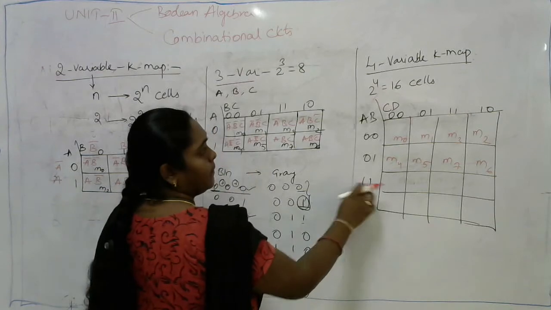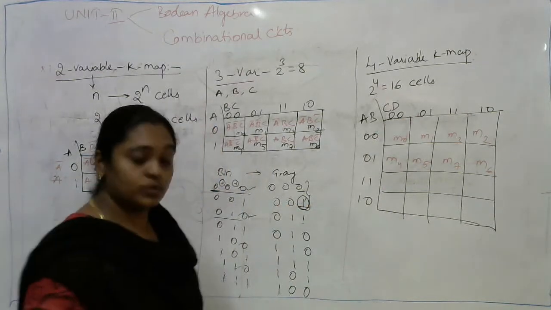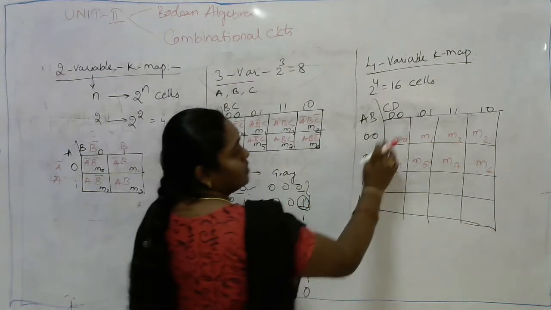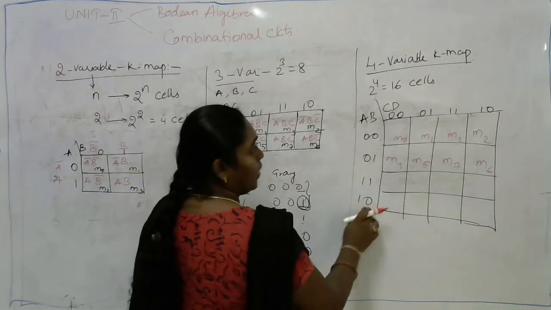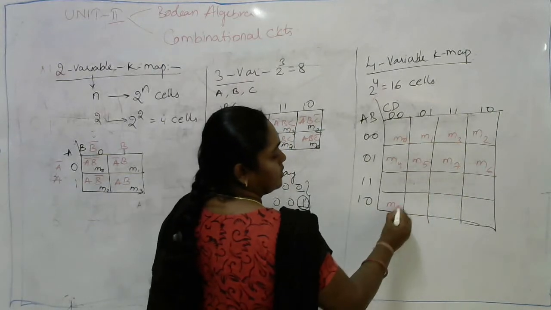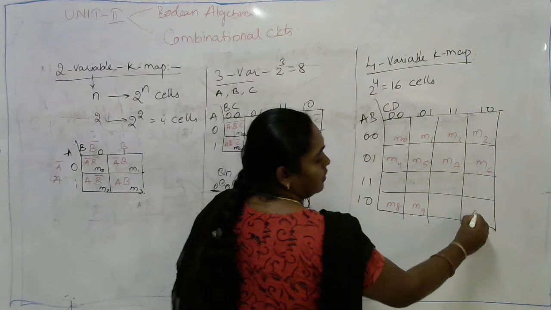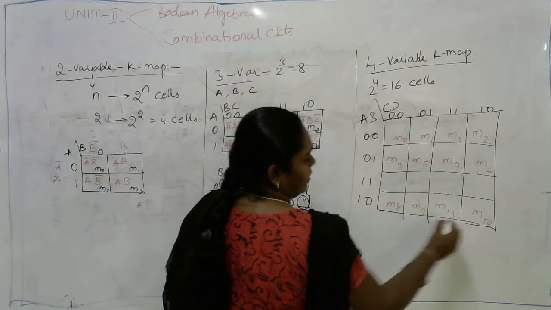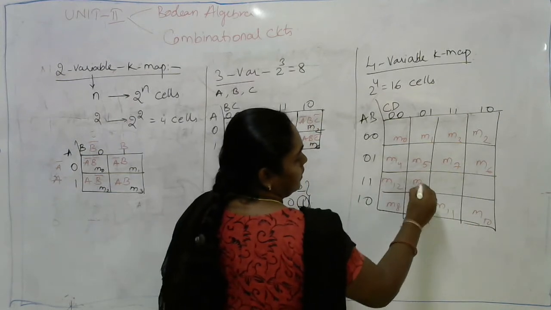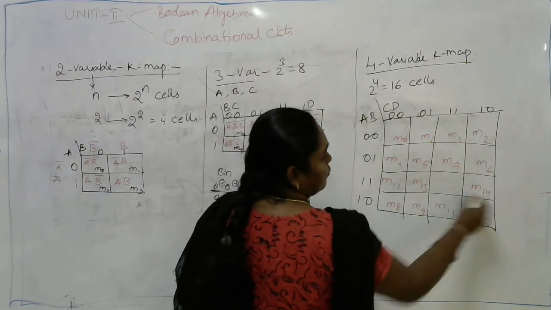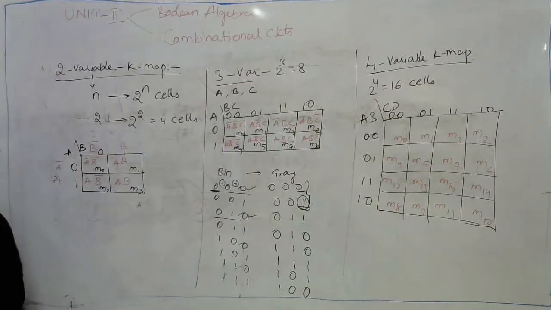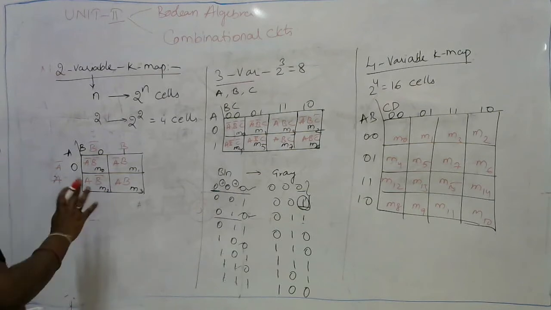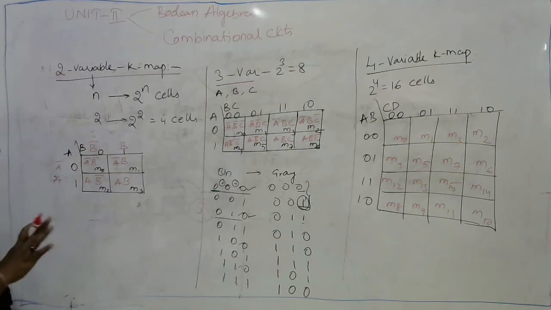Coming over here, 1 1 0 0 is equivalent to 12. So 0, 1, 2, 3, 4, 5, 6, 7. 1 0 0 0 is 8, so this is 8, 9, 10, 11. This is 12, 13, this will become 14 and this is 15. This is how to plot a 4 variable K-map. This is all about plotting of a K-map.